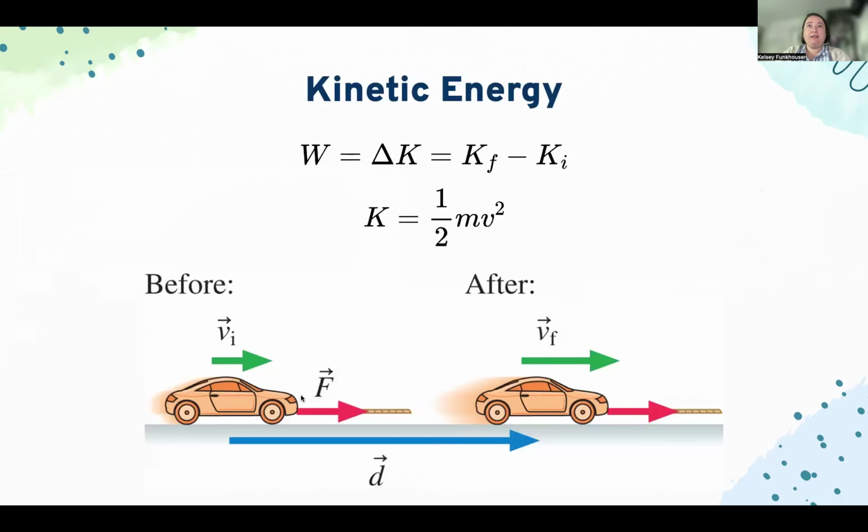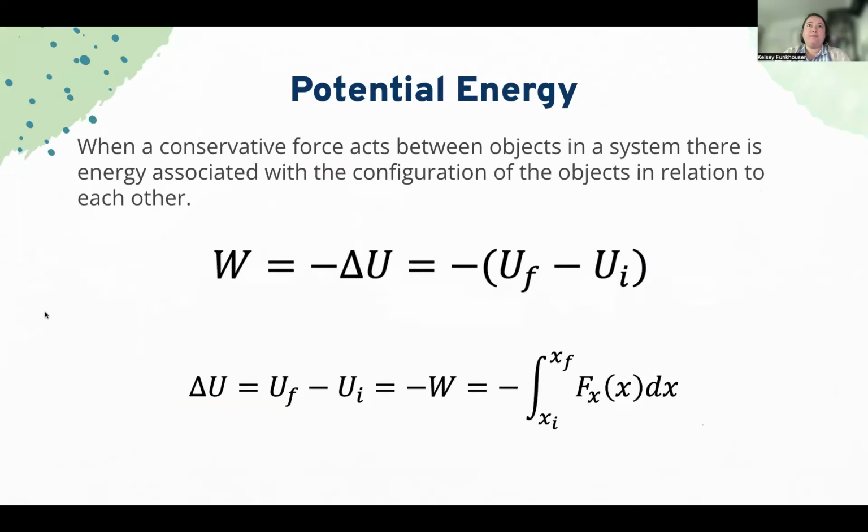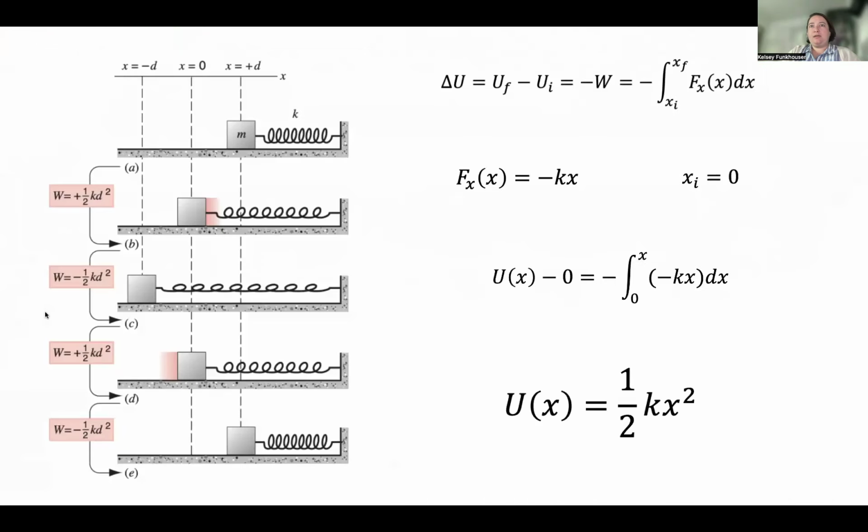Kinetic energy is 1/2 mass times the velocity squared, and work is equal to the change in kinetic energy. Then potential energy: work is equal to the negative change in potential energy. What this looks like depends on what is causing the potential energy. For a spring, it's 1/2 kx squared, where k is the spring constant and x is the displacement from the resting length of the spring.